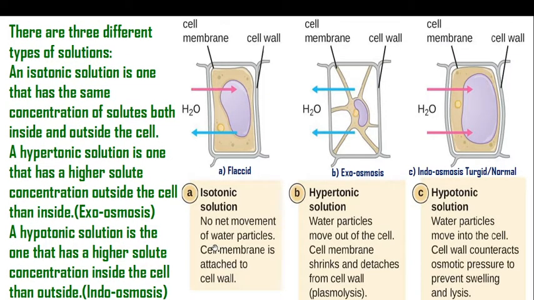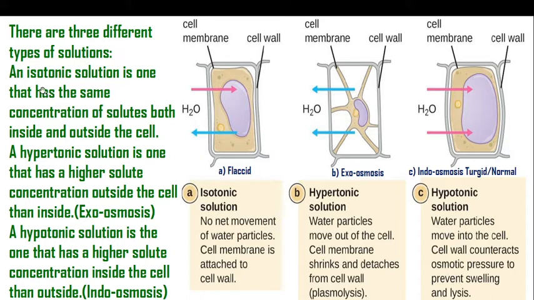Here is the diagram which shows three types of osmosis. First of all, there are three different types of solution, and these solutions can create three different stages in a cell.